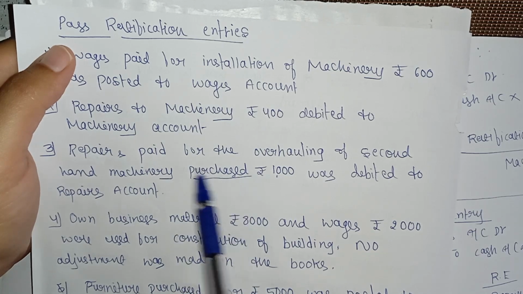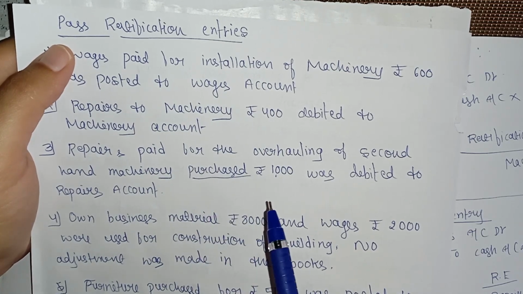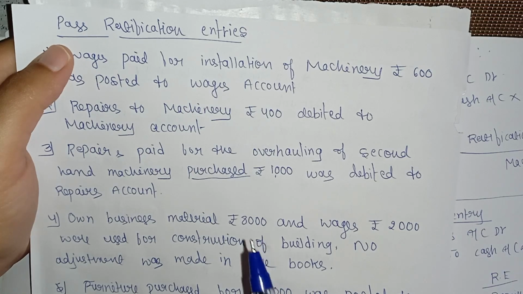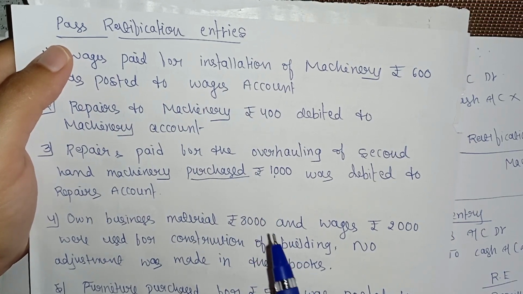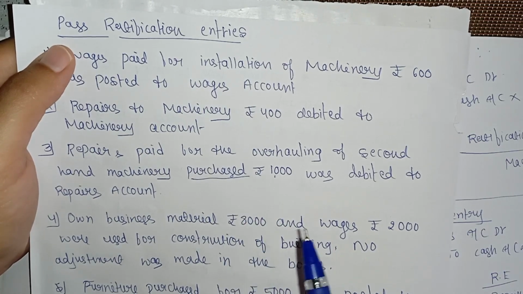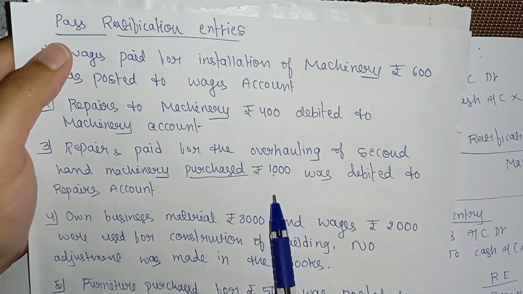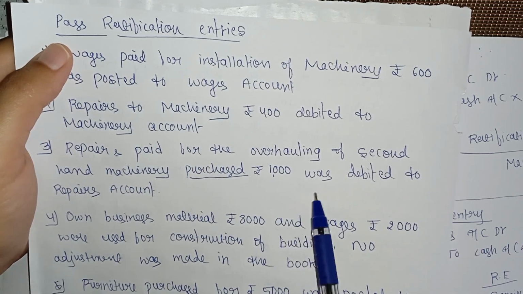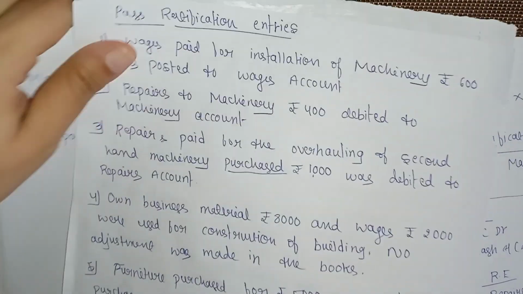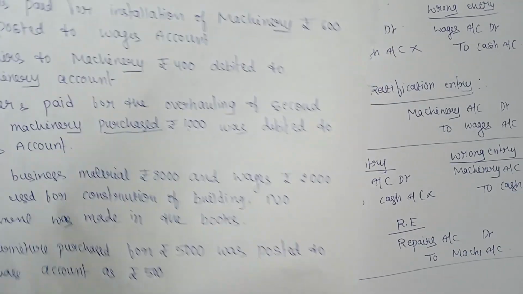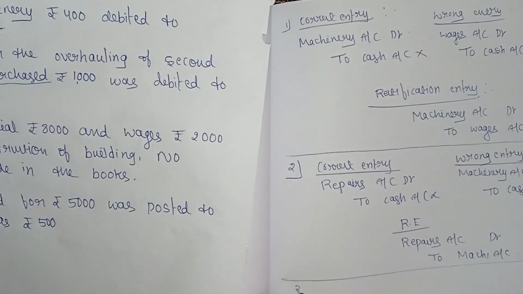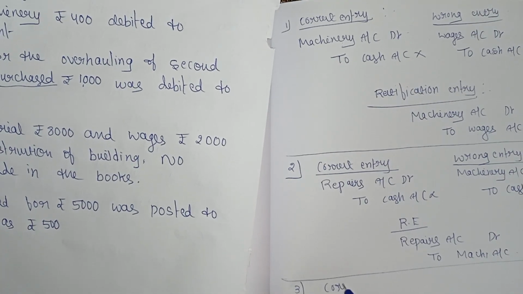They purchased the machinery, means they purchased the fixed asset, means the correct entry is machinery account. We need to debit the machinery account, debtor to cash account. It is also a two-sided error. So what are the steps we need to follow? First we have to write down the correct entry.